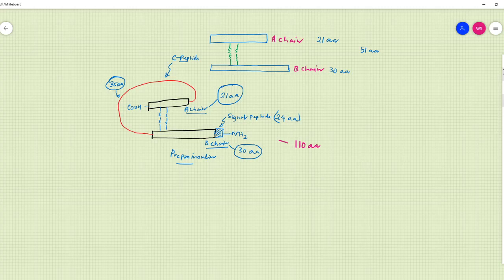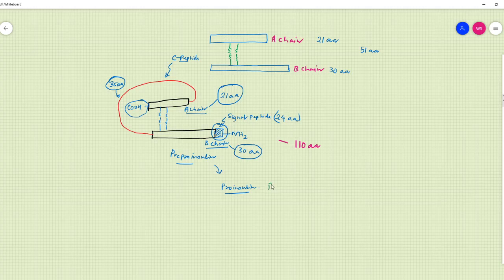Okay, so this is pre-proinsulin. So if we remove this part, the signal peptide, and we remove this part, then pre-proinsulin is converted to proinsulin. Okay, so what is proinsulin?